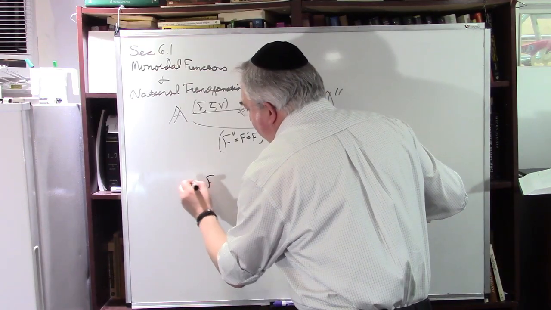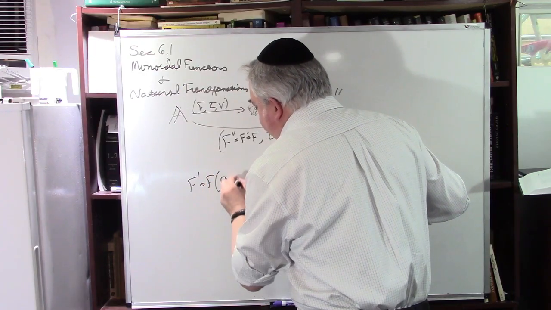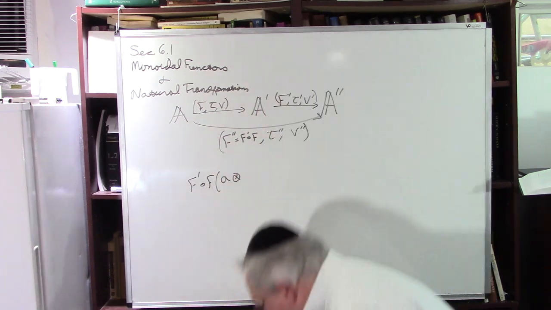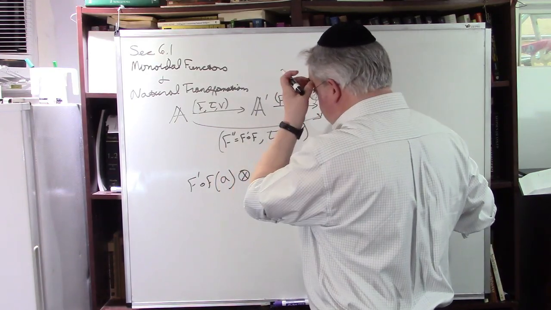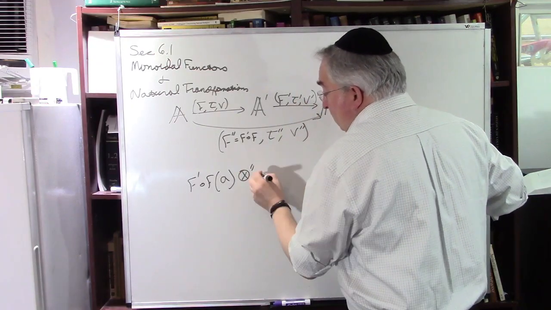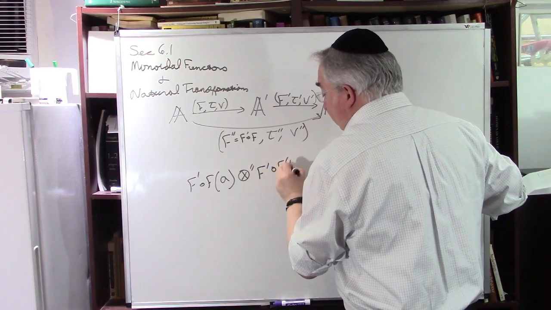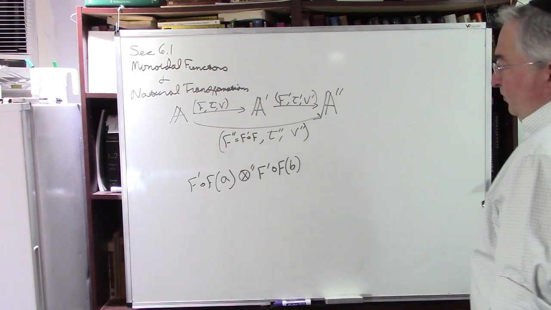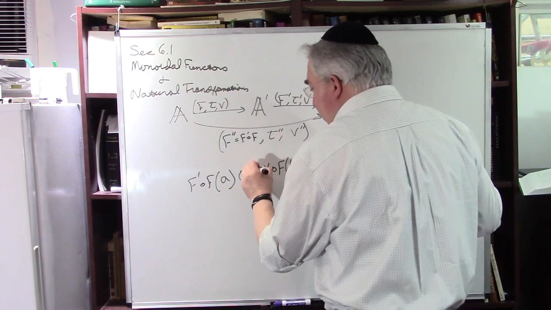Take F composed with F prime of A tensor... no, sorry. Tensor. Now see, this is happening in here. So this is tensor prime of F composed with F of B. Okay. So the first thing you want to do is, whoops.